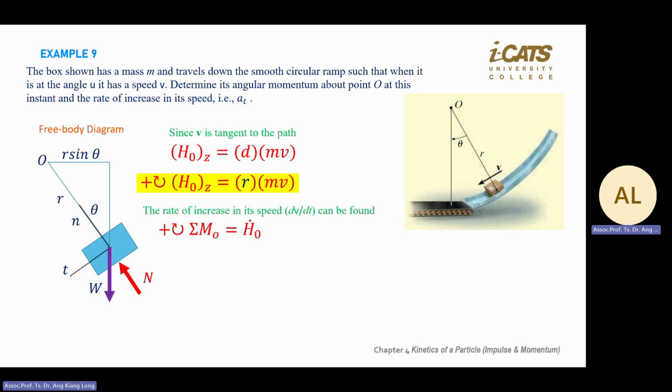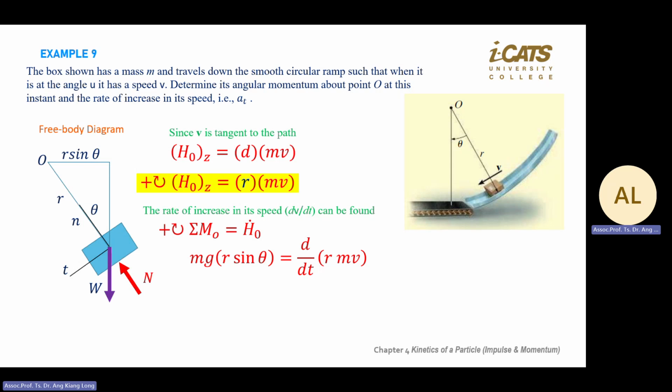So this is how you solve chapter 4 question. You derive the angular momentum equation. Then you use the definition that the moment at reference point O equals the time differential of your angular momentum, h dot. On the left-hand side of the equation, you focus on the moment.